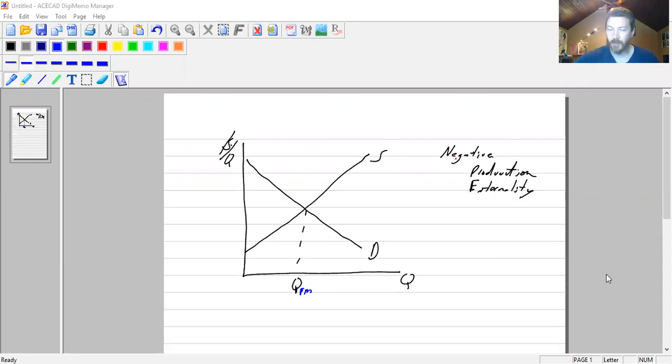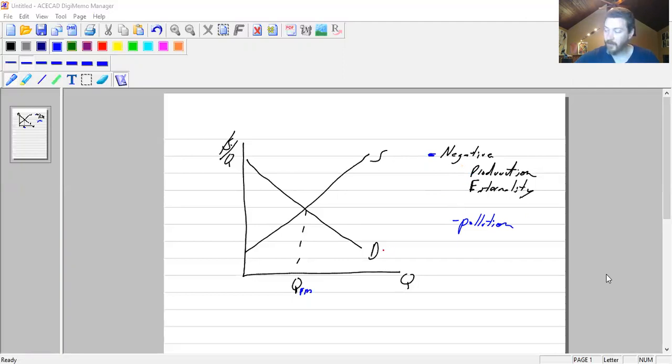Our first example is going to be a negative externality. We can have positive or negative externalities, but we're going to start with an example of a negative one. And we're going to say it's a production externality because it's associated with the production of some good. Here we're going to say specifically the example is pollution. Pollution is such a common example, it's really easy to start there.